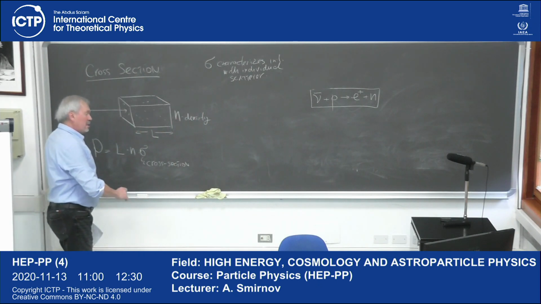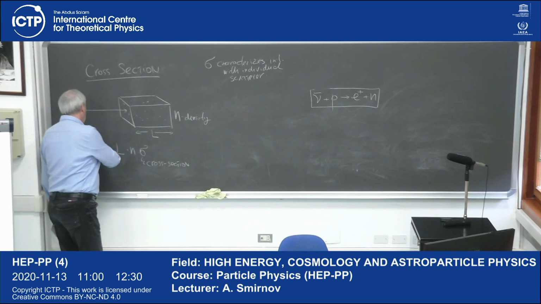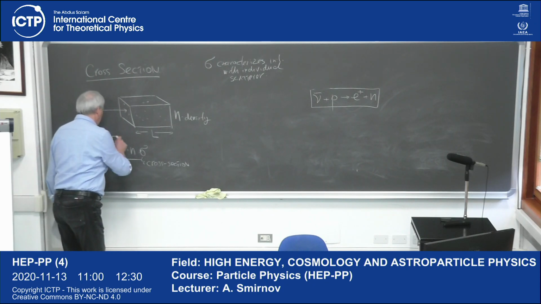So we introduce the cross-section in this way. Once you know the cross-section, you multiply it by the density of scatterers and the length, and then you get the probability.